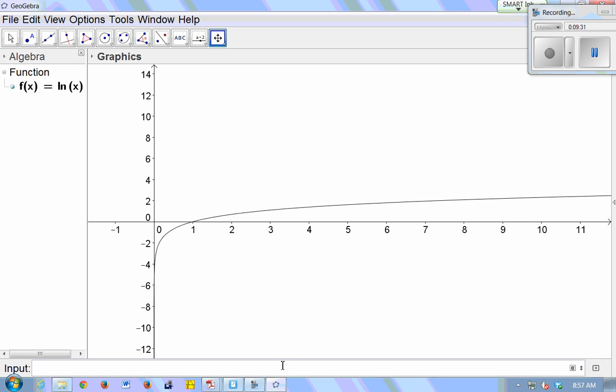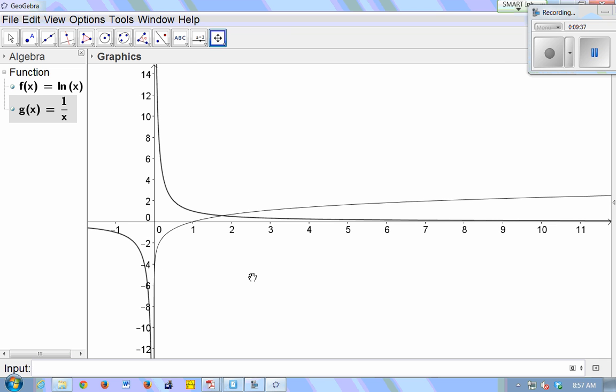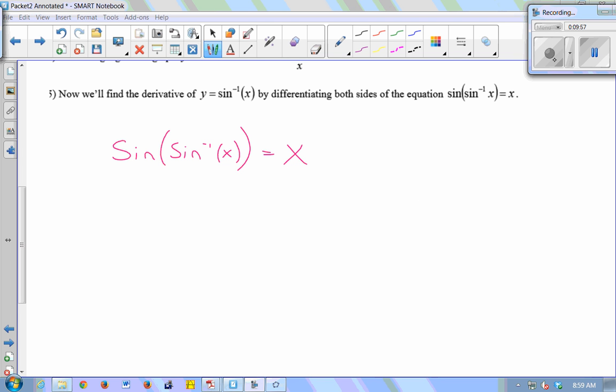So if I graph 1 over x, does that have that quality? Are they close to infinity near 0, and close to 0 as we go to infinity? Yeah, so that makes sense.